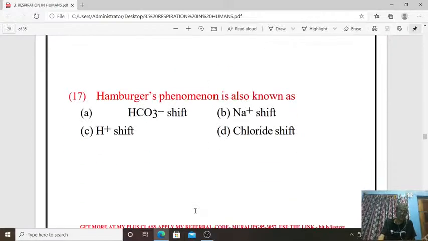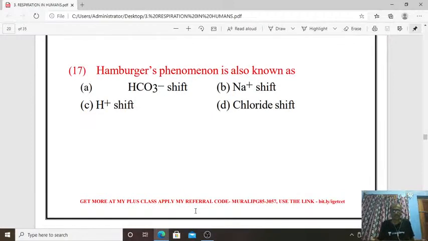Sleeping. Okay. Next, Hamburger's phenomenon is also known as. In the earlier questions, I said that it is the chloride shift mechanism. From the RBC, HCO3 minus ion is dissociated into the plasma. To maintain the negative electrical balance, the same amount of Cl minus ion will move from the plasma into the RBC, and that chloride ion will combine with potassium K plus, resulting in potassium chloride in the RBC.